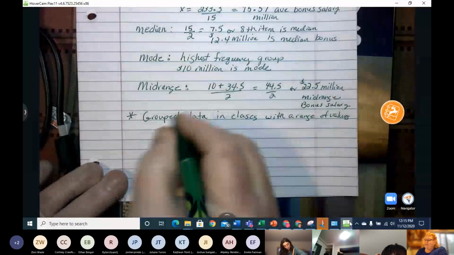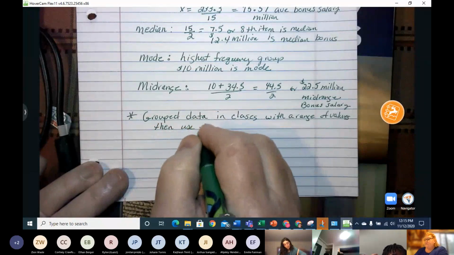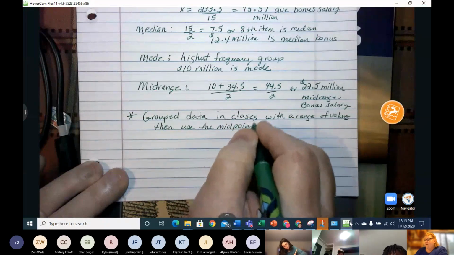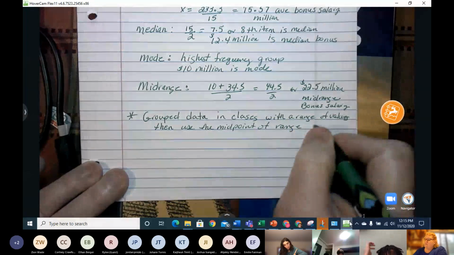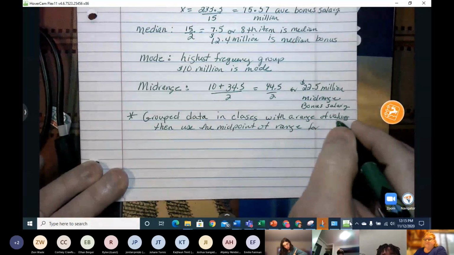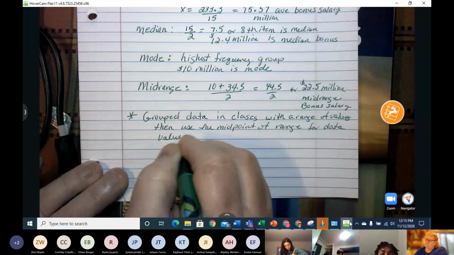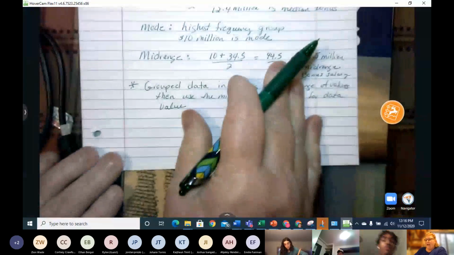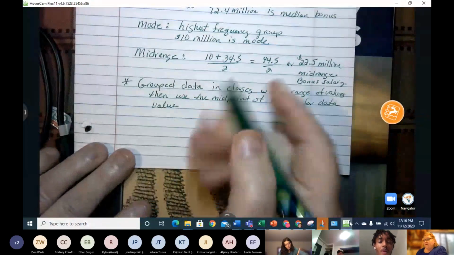And when that is the case, then you want to use the midpoint for the data value. So in these particular ones, there was no question about what the data value was.